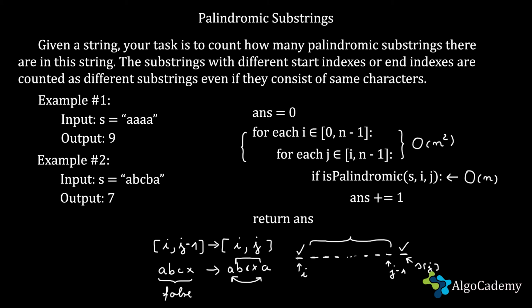Think about it. This one is equal to this one. Then this one should be equal to this one, and this one to this one, and so on and so forth. So this substring also needs to be a palindrome. And we don't have that information, unfortunately. All we know is whether the subarray s of i and j-1 is a palindrome or not, because we have checked it on the previous iteration, but we don't know about this subarray, i plus 1 and j-1.